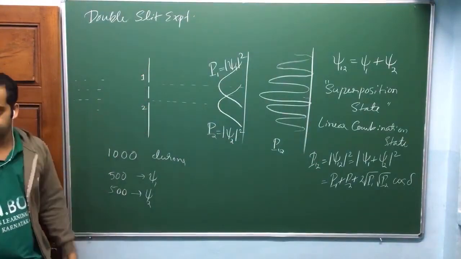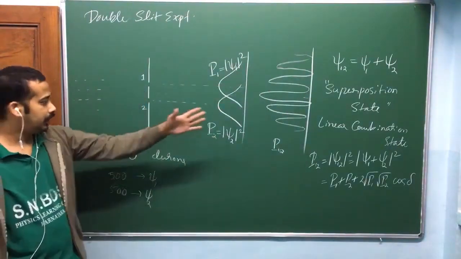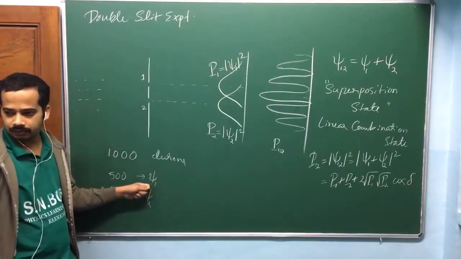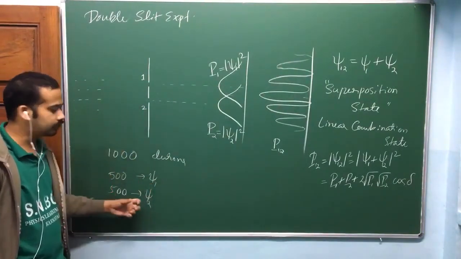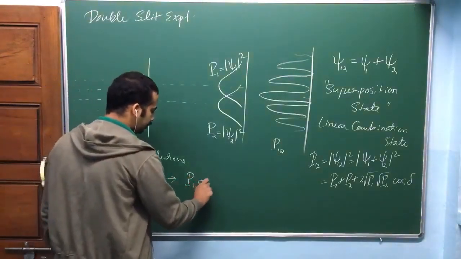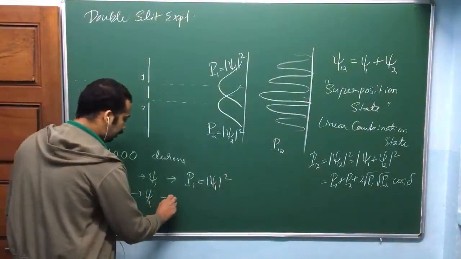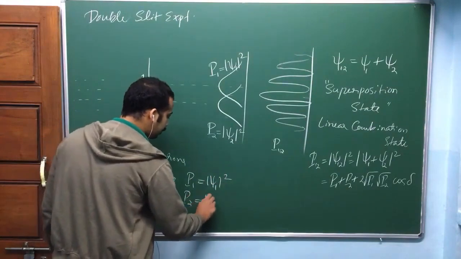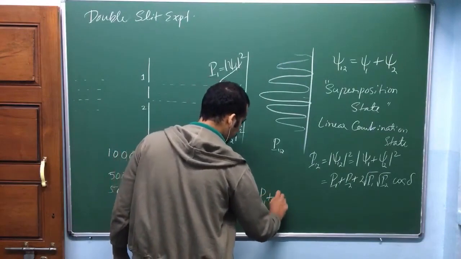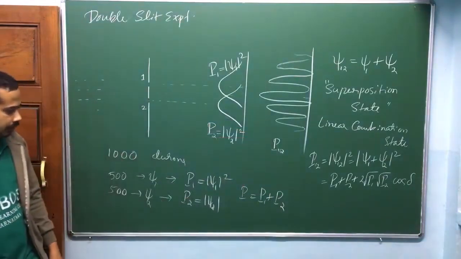So if I count 1000 electrons reaching the screen, approximately 500 of them pass through slit 1 and the other 500 through slit 2. The 500 through slit 1 will produce this probability distribution, obviously, and the other 500 will produce this one, and the resultant should be P1 plus P2, but you are not getting this. Are you getting my point?